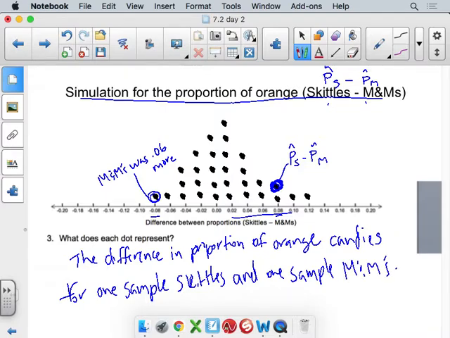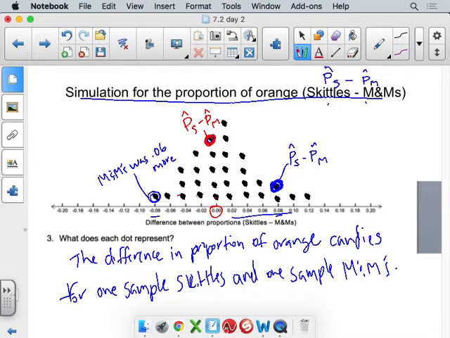Every single one of those, like this one right here, let's use a different color, red. This one is 0, so that meant the proportion of Skittles and M&Ms was exactly the same here. They were both 20% orange candies, or both 8%, whatever they were, the difference in the proportions was the same.